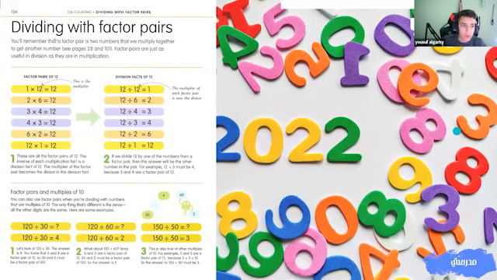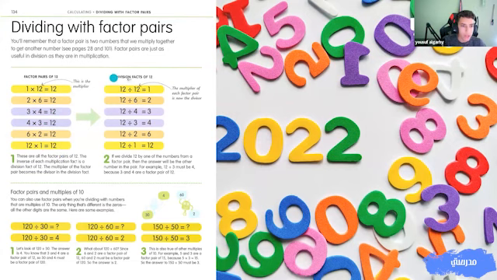All right, so now we're going to do factor pairs, or dividing with factor pairs. So here we have multiplication factor pairs of 12. These are all equations that equal 12. So 1 times 12 equals 12, 2 times 6 equals 12, 3 times 4 equals 12, 4 times 3 equals 12, 6 times 2 equals 12, 12 times 1 equals 12.